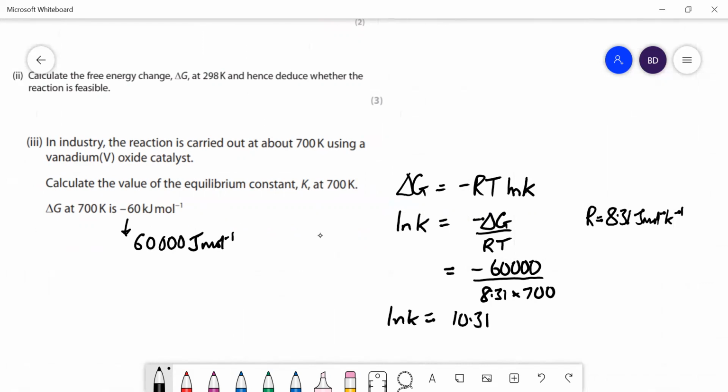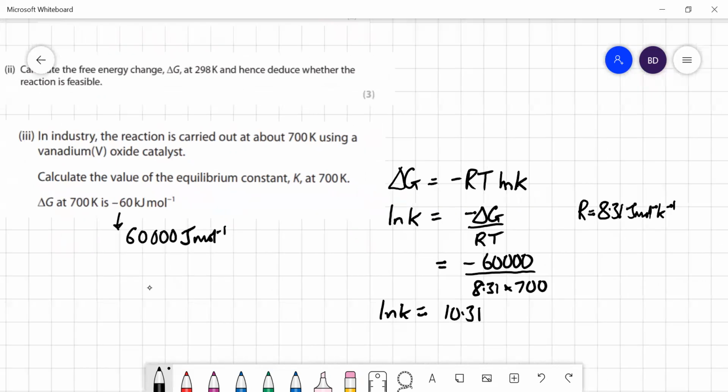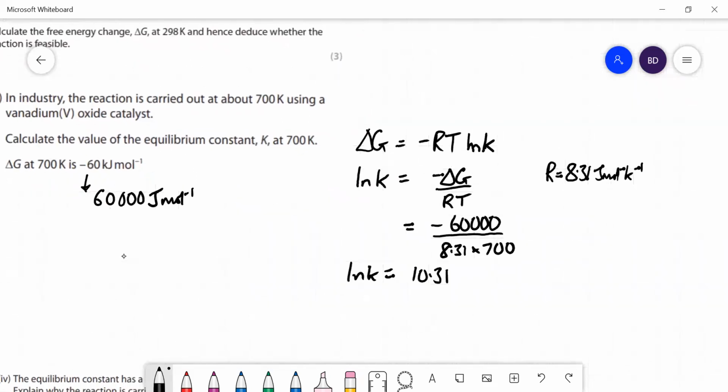10.31. Now we need to find out K. If ln K is log to the base e, that means K is equal to e to the power of 10.31. So you want to use your shift ln, anti-log if you like, sometimes you can call it, shift ln button on your calculator.